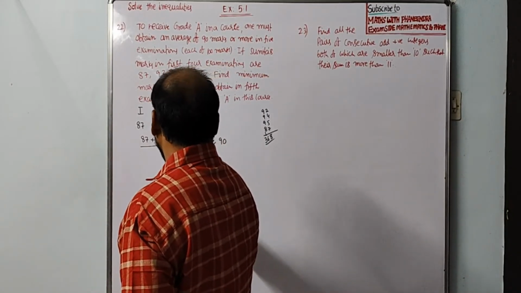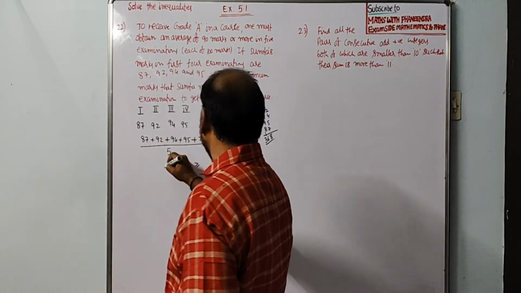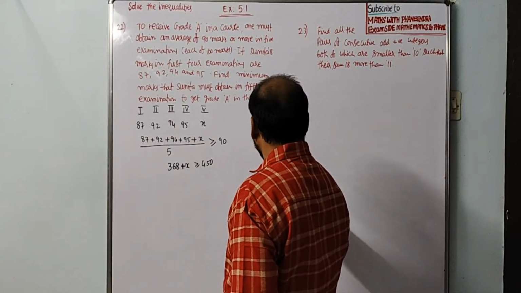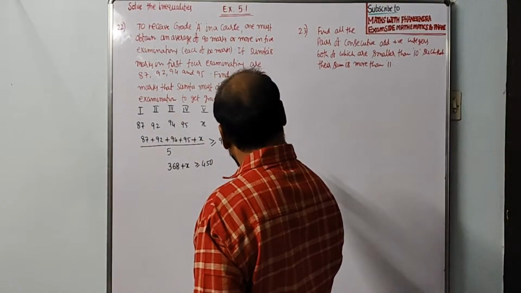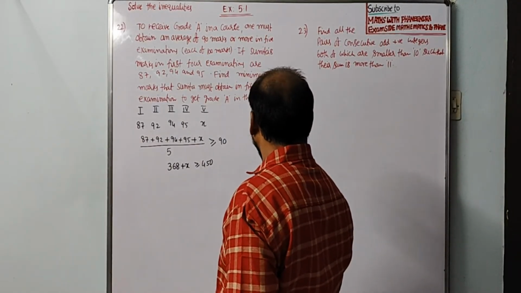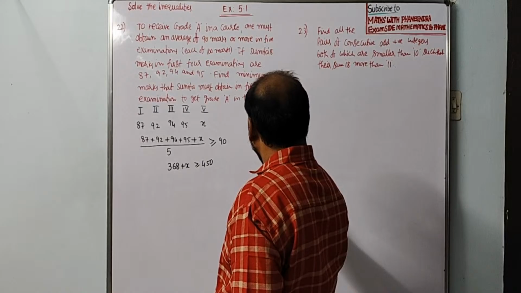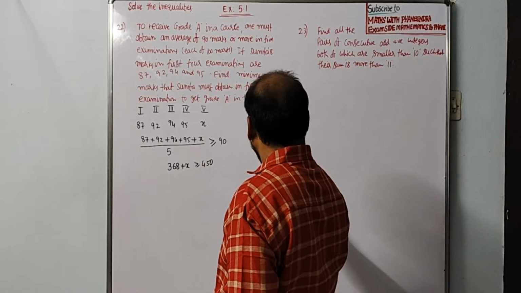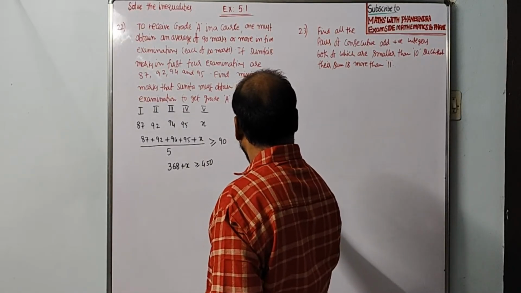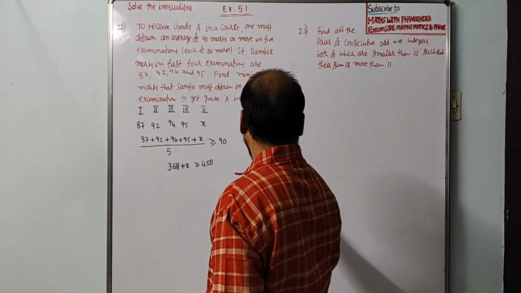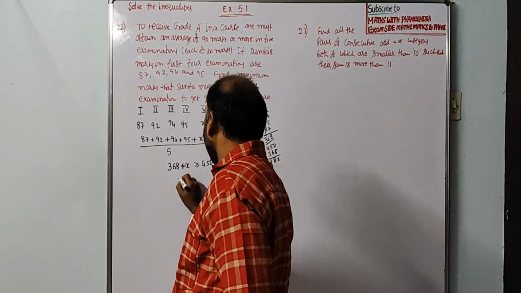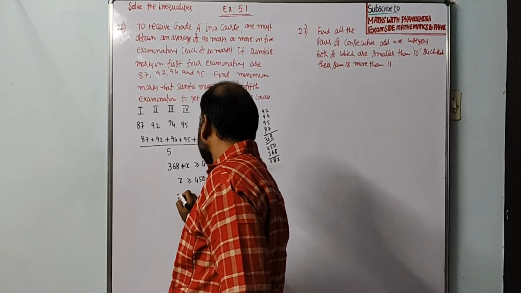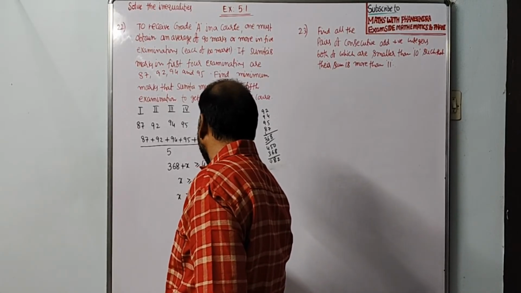So 368 plus x is greater than or equal to 450. So x is greater than or equal to 450 minus 368. So x is greater than or equal to 82.